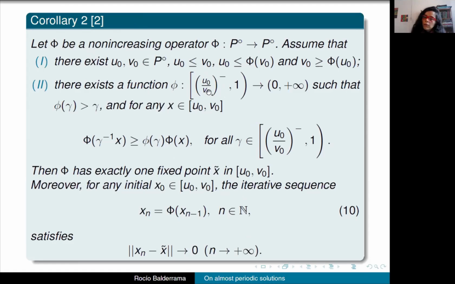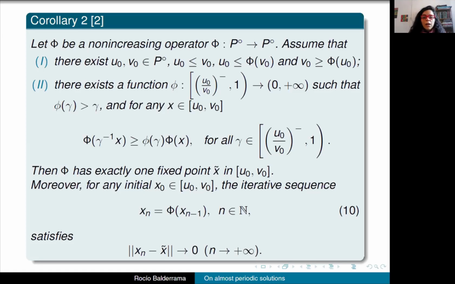And in all of this, in the theorem and in these two corollaries, this kind of fixed point theorems in cones, there are a lot of them, but the important part, the part that is not working when m is greater than 1, is the problem proposed by the authors.